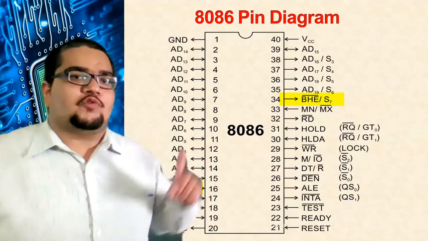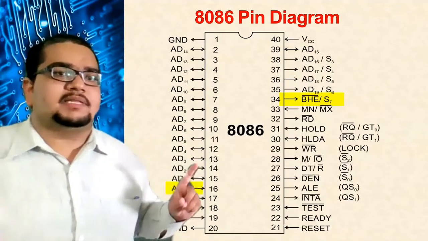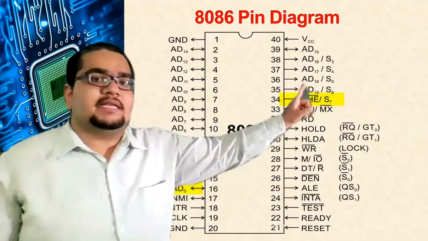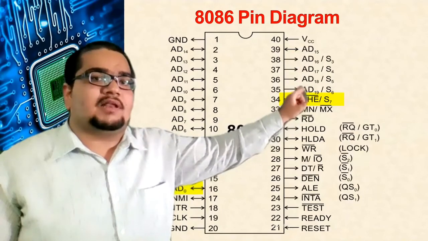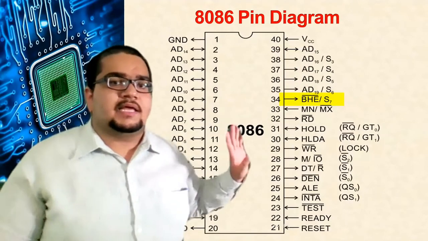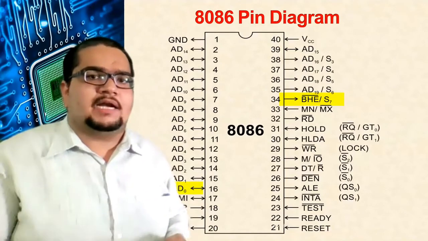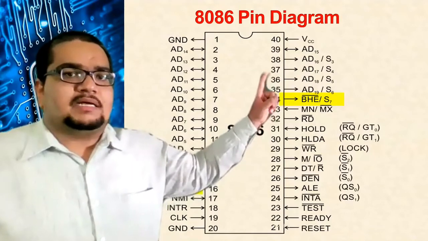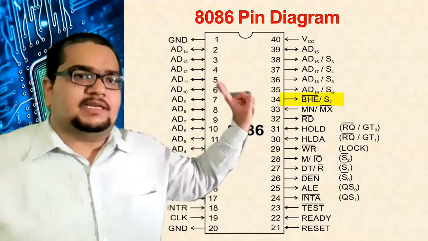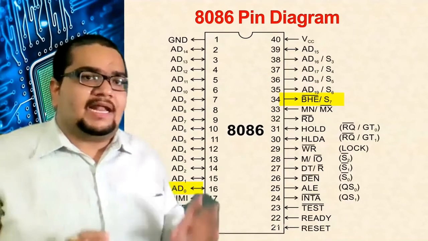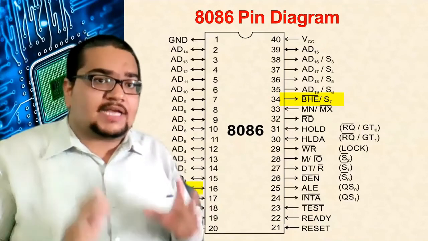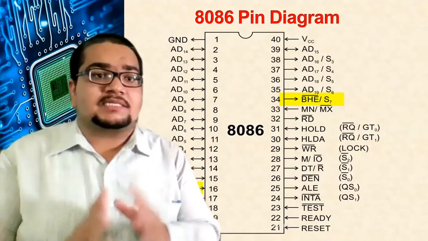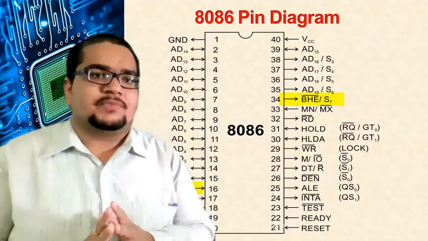So here AD0 to AD14, 15 of the address lines, are available, and then AD15, 16, 17, 18 and 19 are available on this side. For more clarity before we proceed, pin number 39 is AD15. AD0 to AD15 are the lines called time multiplexed address and data lines.